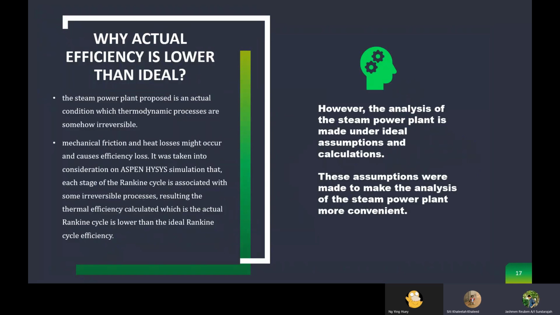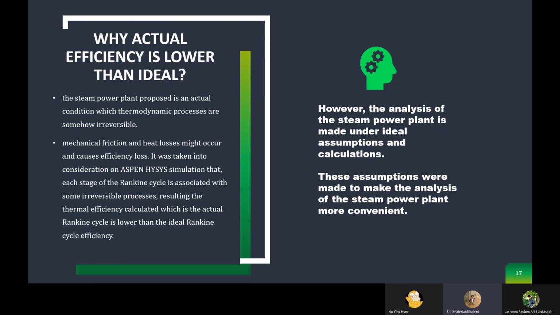Okay, so the reason why the efficiency is lower than ideal is because the steam power plant is proposed in an actual condition, where thermodynamic processes are irreversible, with mechanical friction and heat losses that might occur and cause efficiency loss.